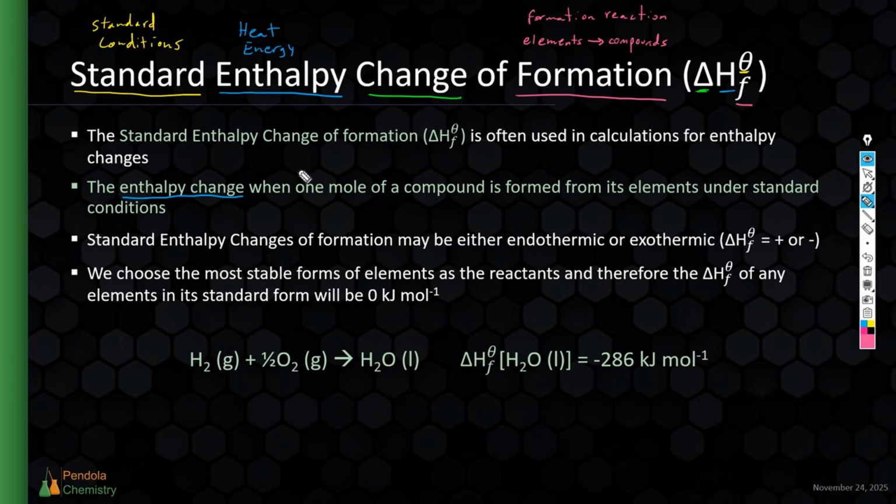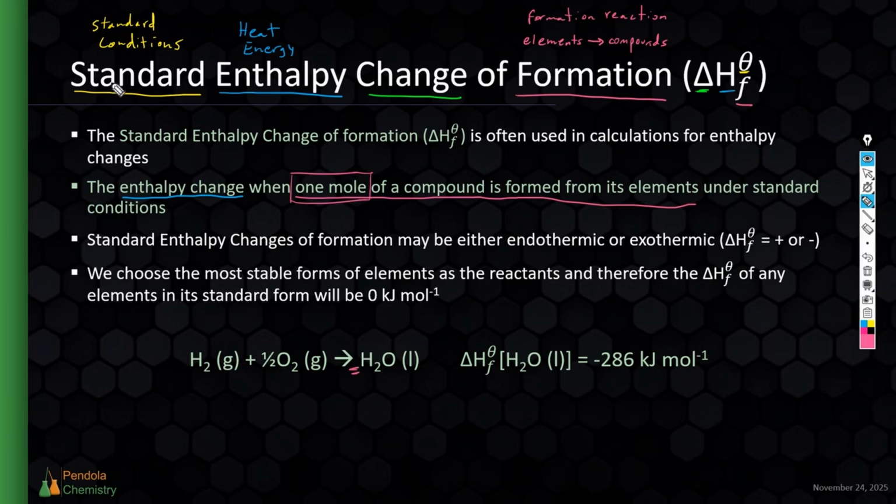So again, 1 mole of a compound is formed from its elements. Very important here, this is 1 mole of a compound that is formed from its elements. Meaning that whenever we're looking at the enthalpy change of formation of something, the product's coefficient is always going to be 1.